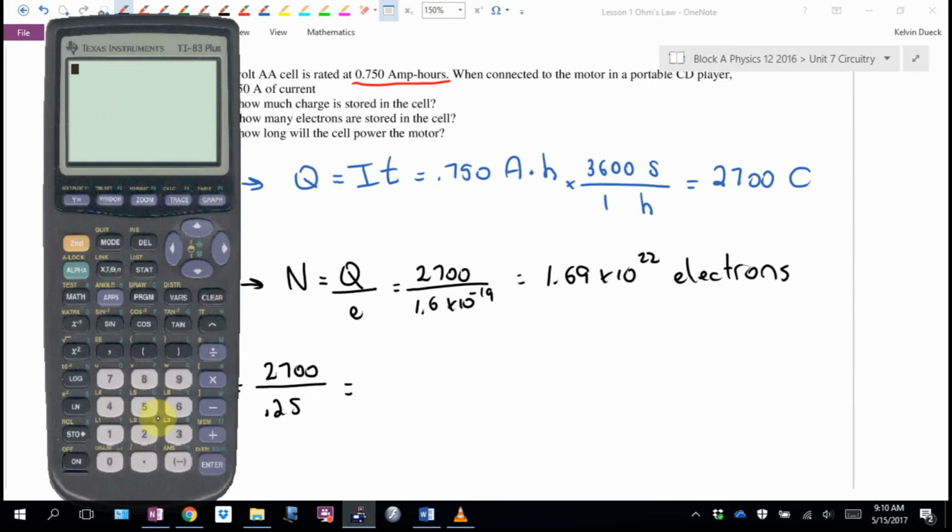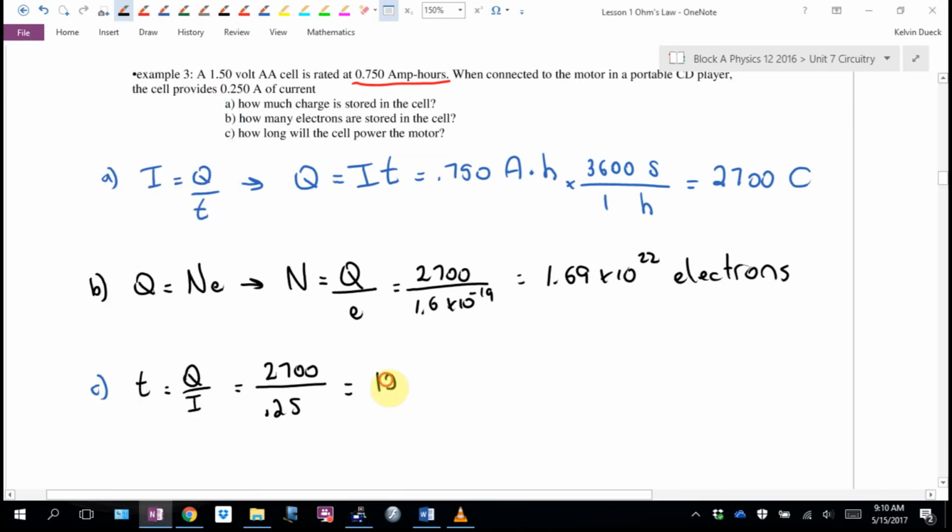This is going to give you an answer in seconds, yes? 10,800 seconds. Let's convert that to hours. So it's going to be 3,600 seconds is 1 hour, and I think you'll get 3.